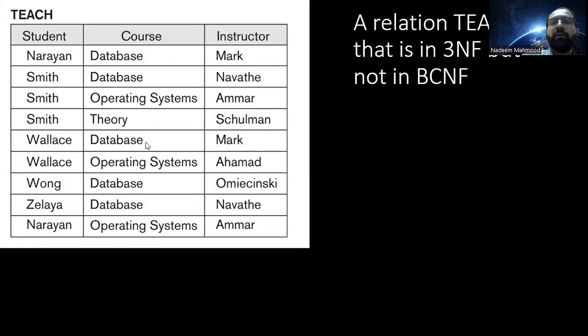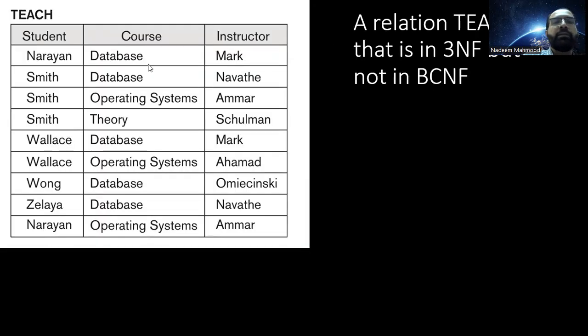See here, one example for BCNF, where we have a relation populated by some tuples. Student, course, and instructor are the attributes, and you can see nine records here. You can see the relationship between student and course, course and instructor, and similarly instructor and course.